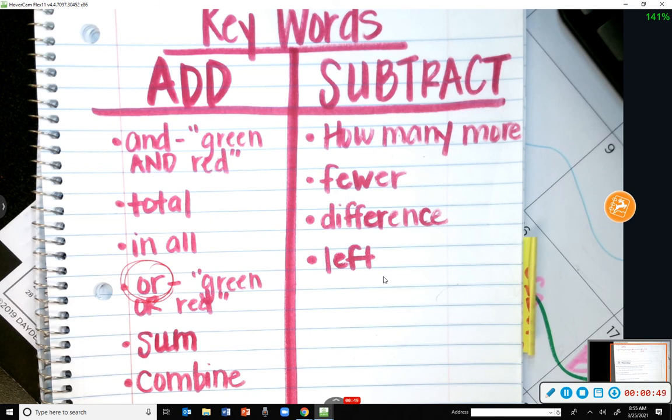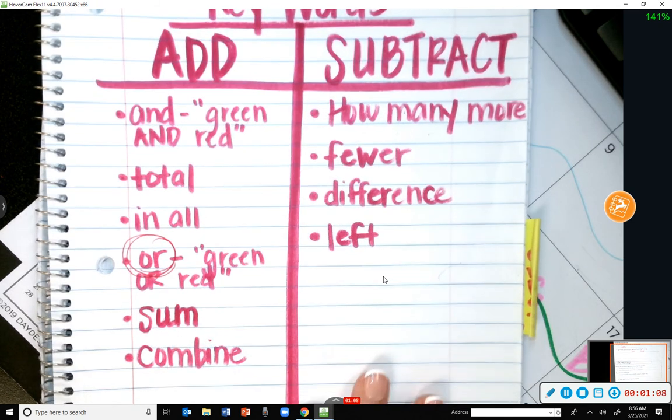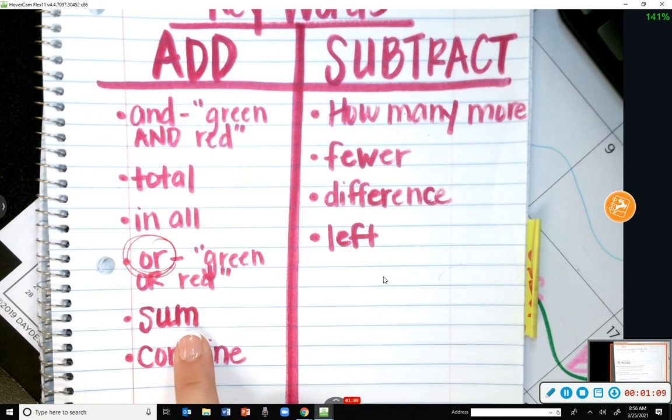So if it's asked you for how many people had 1 or 2 pets, then that means we have to add both of those together. How many children have 3 or 4 kids in their family? So 3 or 4, we need to add them, okay? Sum means to add, and combine means to add.